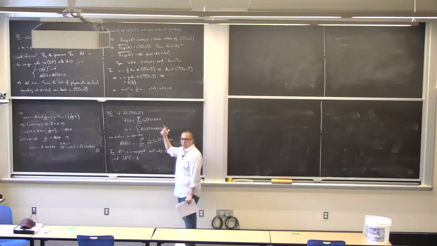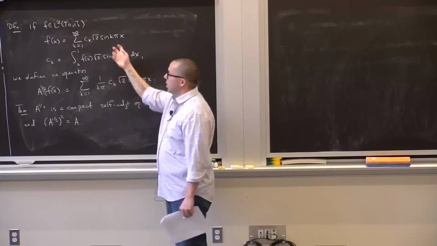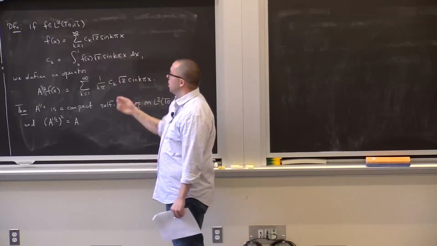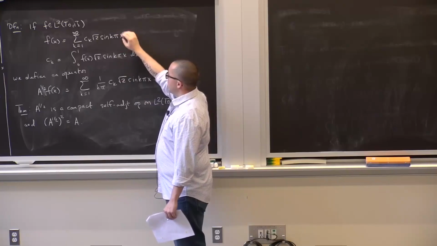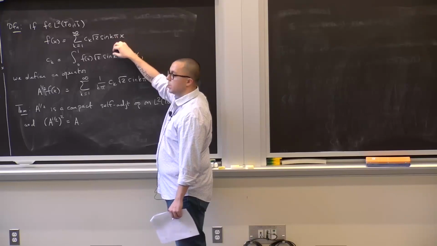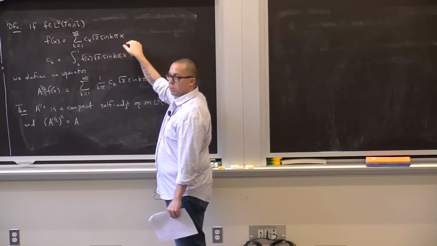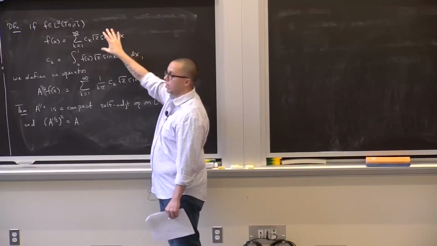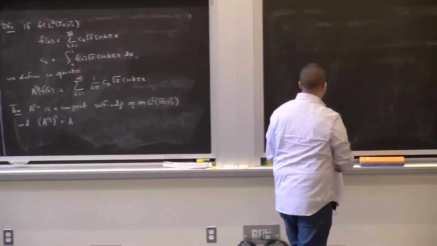Okay, how does this jive with what I just said about A also being the solution operator? Well, if I have A applied to this quantity, then I have sine k pi x over k squared pi squared. Now let's say I take two derivatives of that, then I get k squared pi squared over k squared pi squared. I get 1, so I get back f, with a minus sign. So all of those things jive.